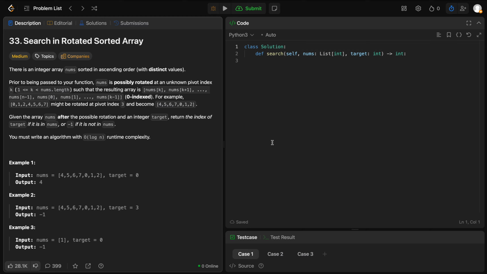Well, I solved a similar one, which was the minimum of rotated sorted array, also in this complexity. So what we can do, I take mid.